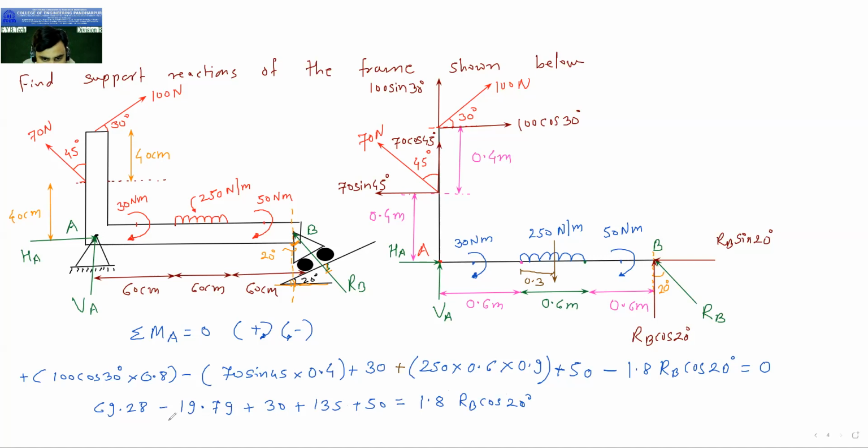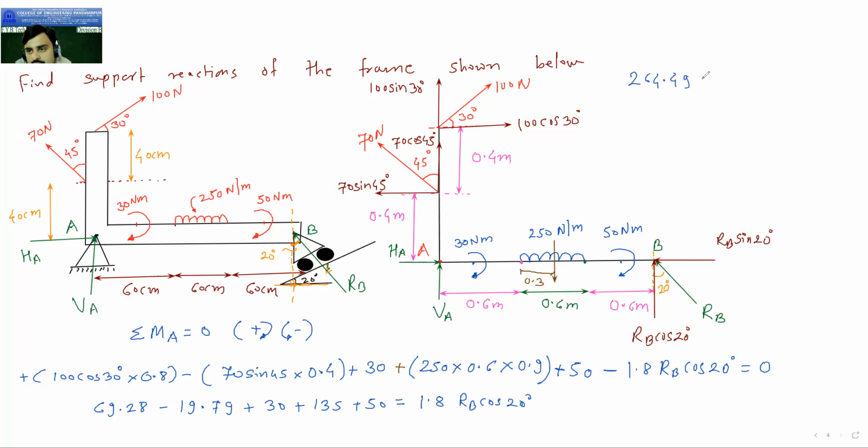Do the left side calculation, what is the answer? 264.49. All of you please check the answers.